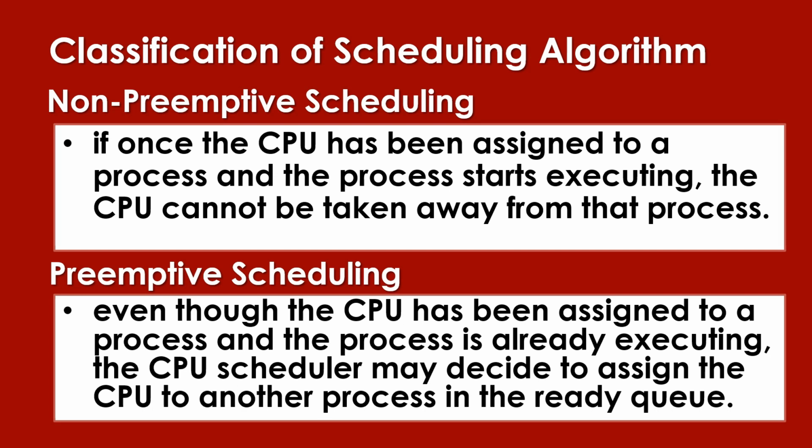So, para mas maalala nyo, for non-preemptive, we have the N and P na keyword or letter, and for no P, putol. So, non-preemptive, no putol. Preemptive, may putol. Basic.